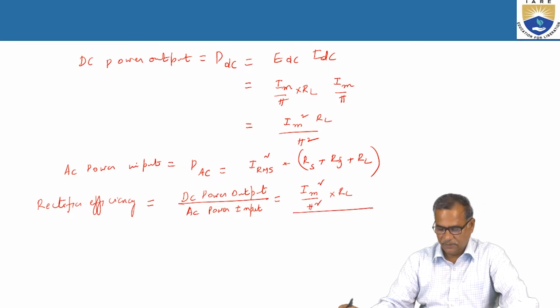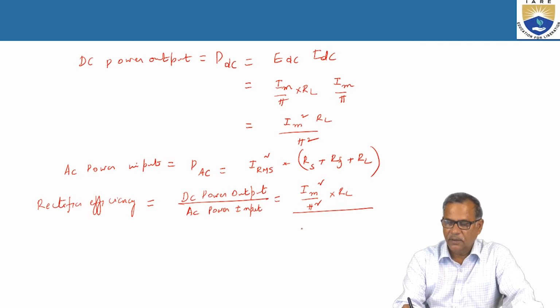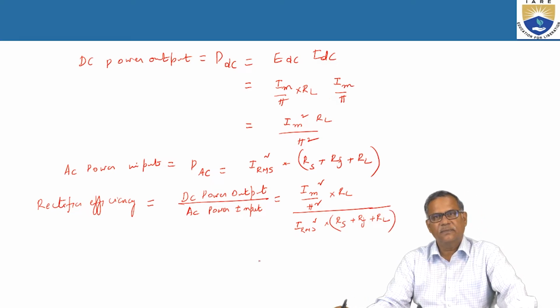And what is the AC power input? AC power input is IRMS square into RS plus RF plus RL. And what is IRMS?